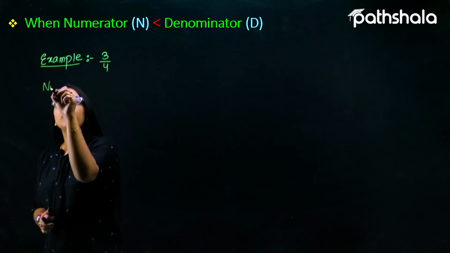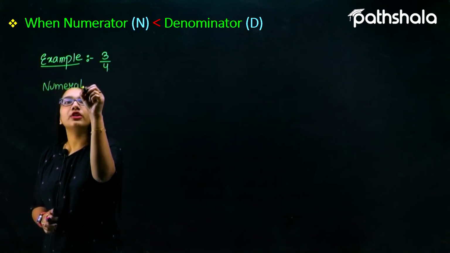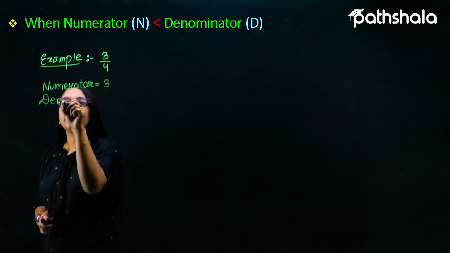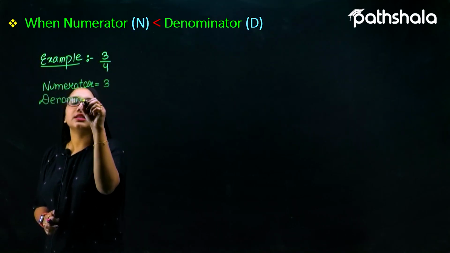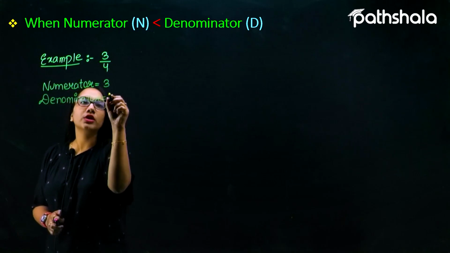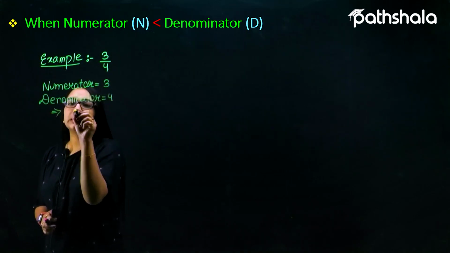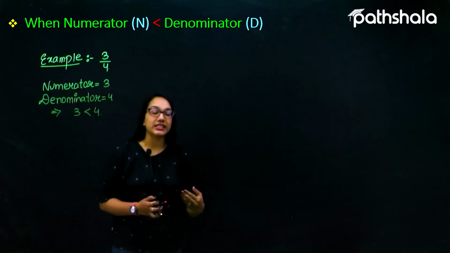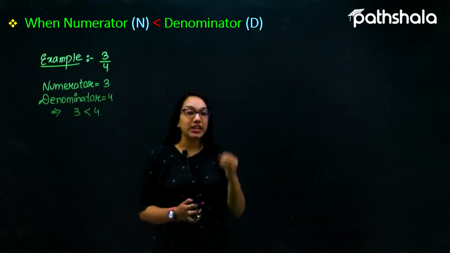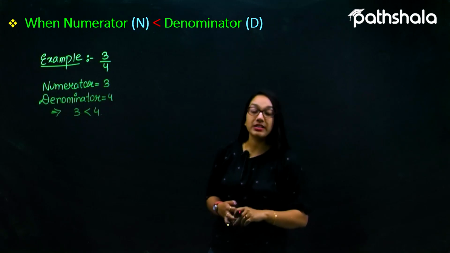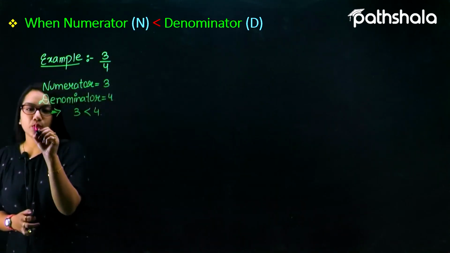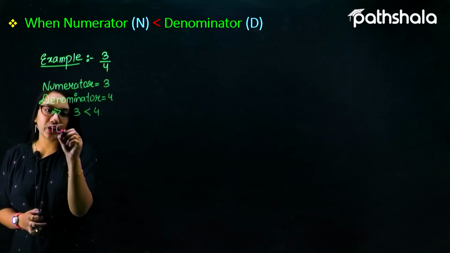Here the numerator is 3 and the denominator is 4. As we know, 3 is less than 4, so in such cases, when we have to plot such rational numbers, always remember a fact. What is that? Let me write a note over here.